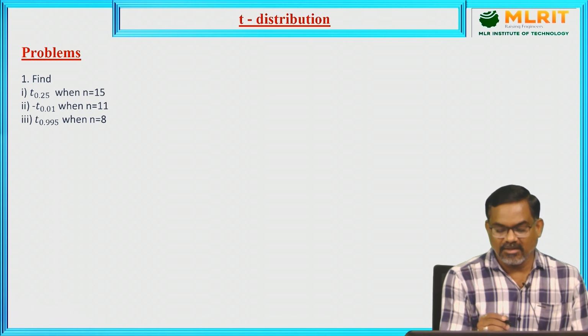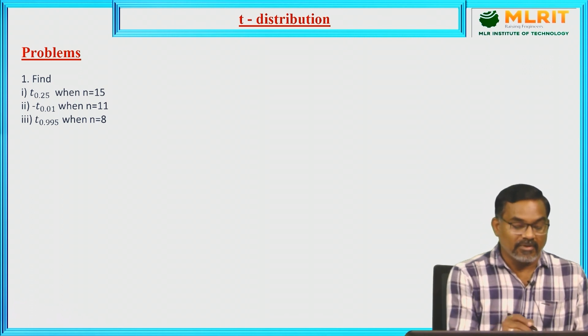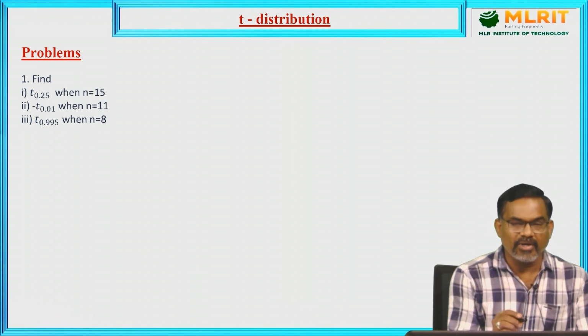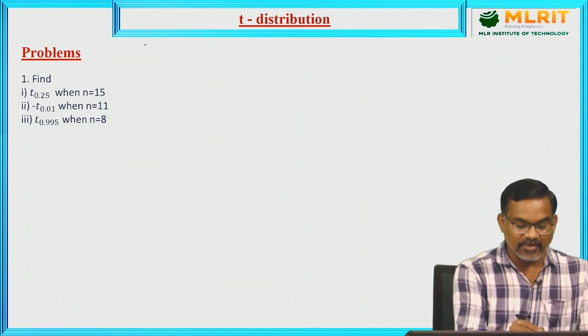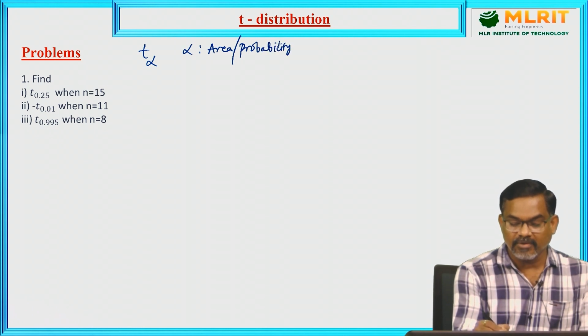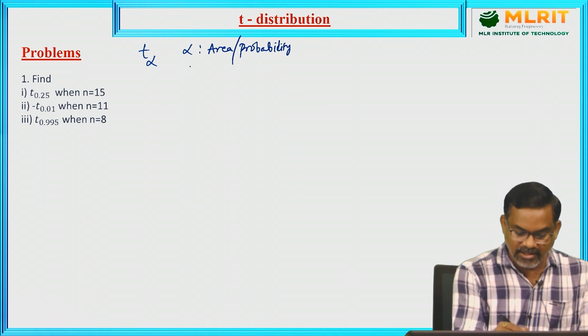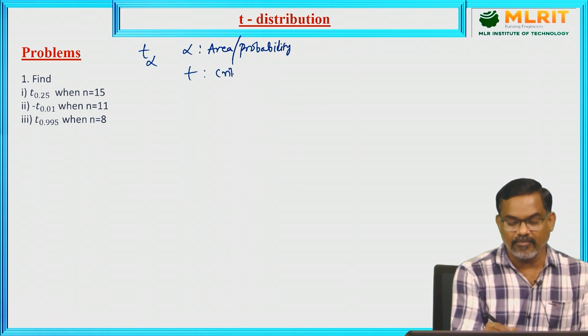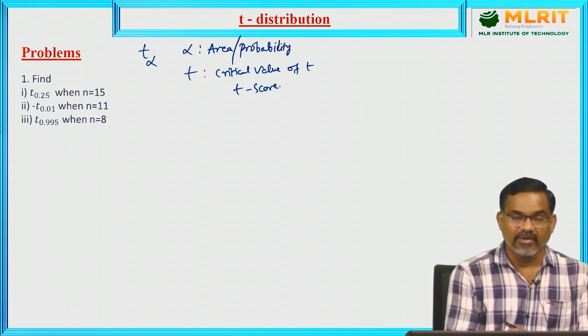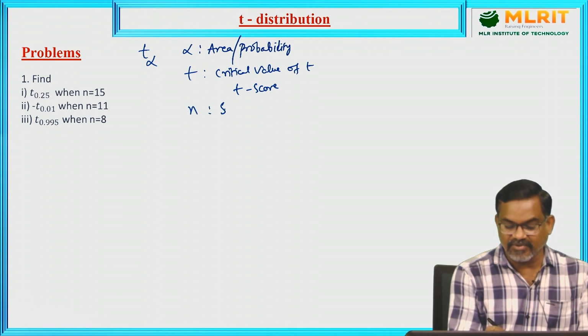Now, let us solve some problems. Find t 0.25 when n equal to 15. The main thing is, in t alpha, alpha is the area or probability. First we should know the notation. t is the critical value of t, or which is called t score. n is the size of the sample.